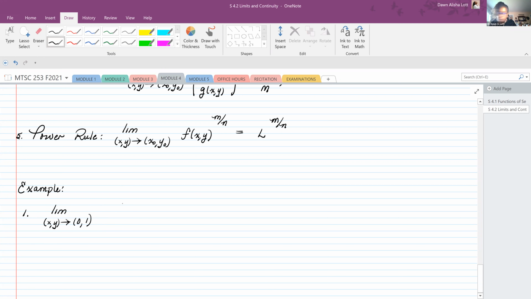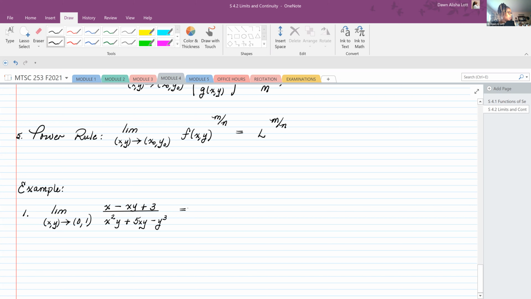And the function is x minus xy plus 3 divided by x squared y plus 5xy minus y cubed.